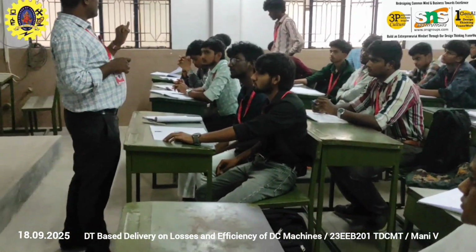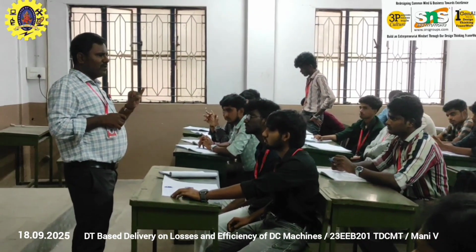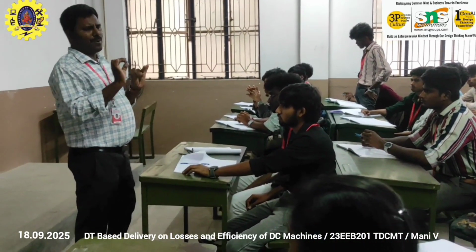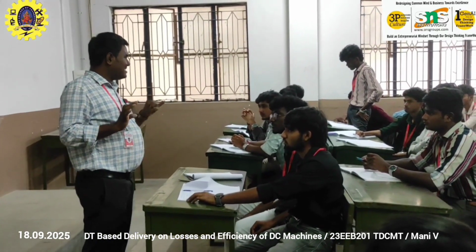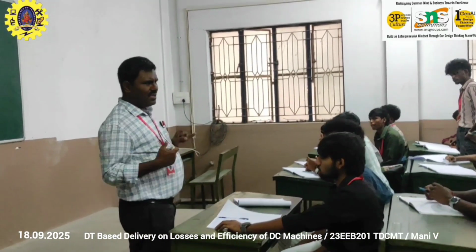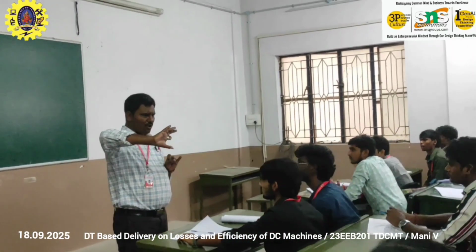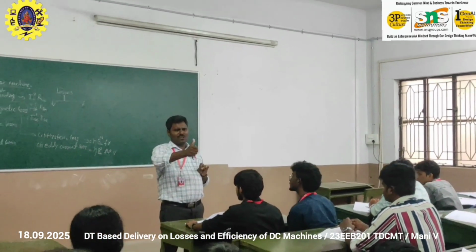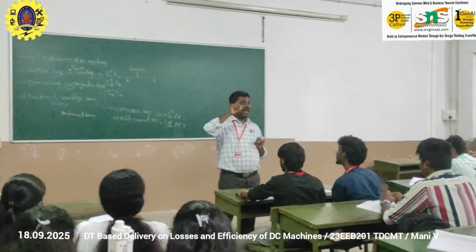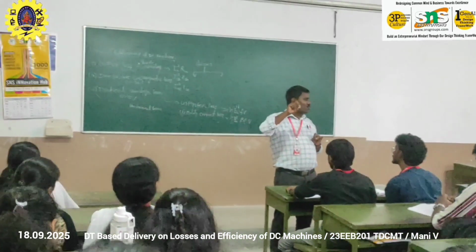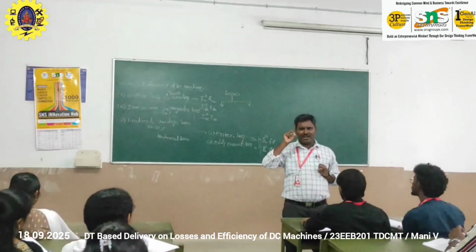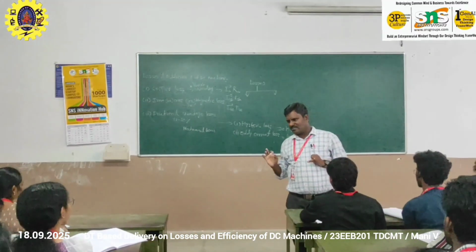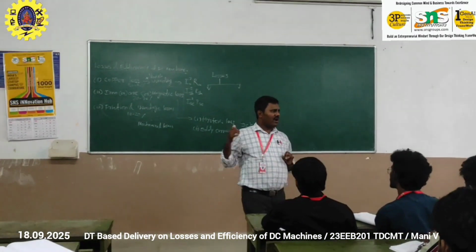The hysteresis losses can be reduced by selecting the proper core, and the eddy current loss can be reduced by proper lamination. Because of the eddy currents, the EMF is reduced and there will be a reduced current in the core. Okay, and the third one, mechanical losses.